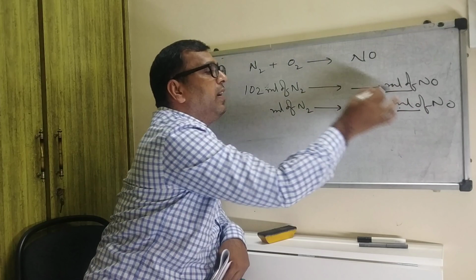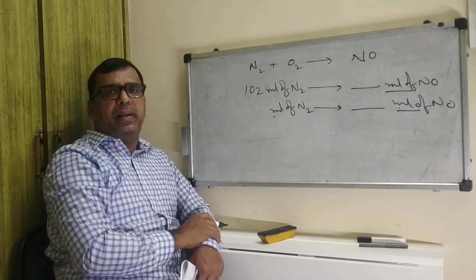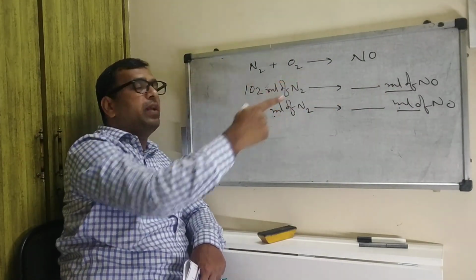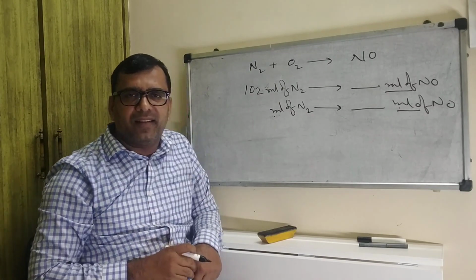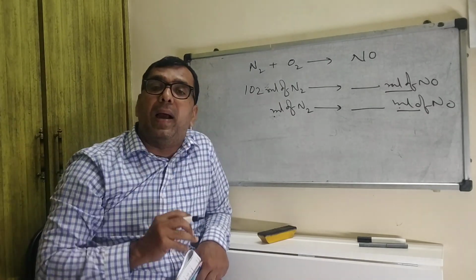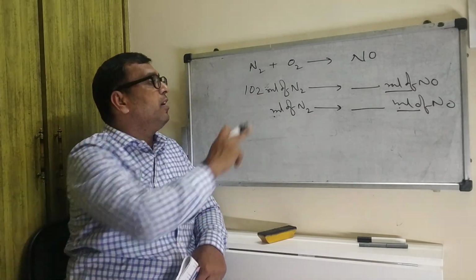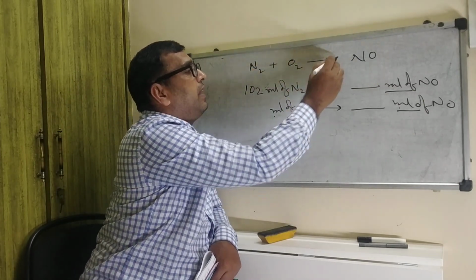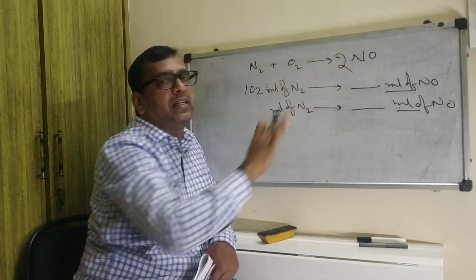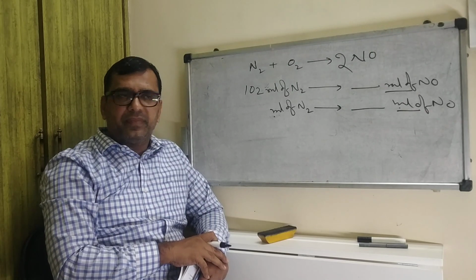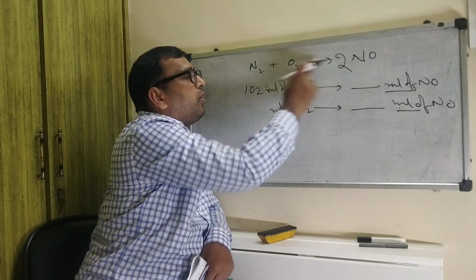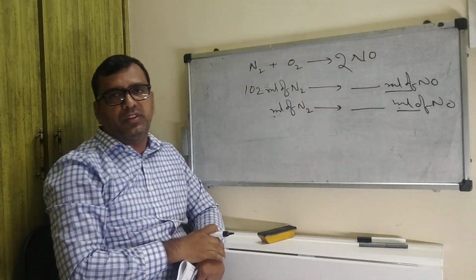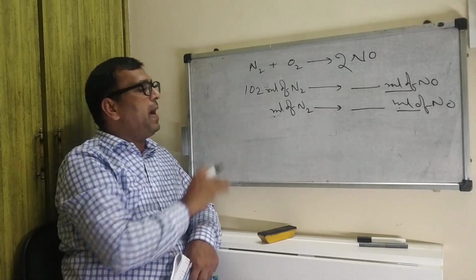You are going to calculate in ml and the given information is in ml. If you do it directly, you will get the wrong answer. First you have to do balancing. That is very important. 2, then 1, then 2, 2. It is a balanced chemical equation. 2 nitrogens, 2 nitrogens, 2 oxygens, 2 oxygens. So it is a balanced reaction.